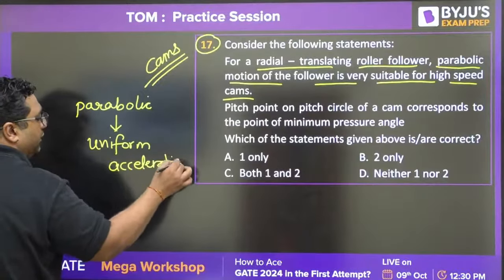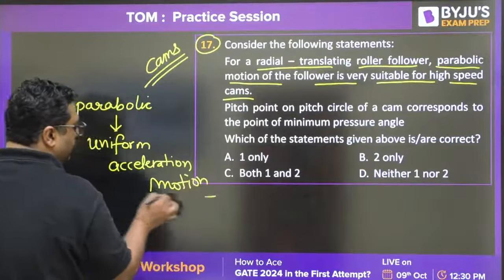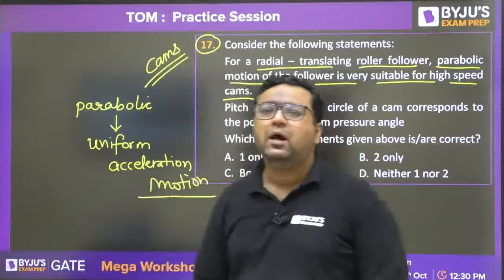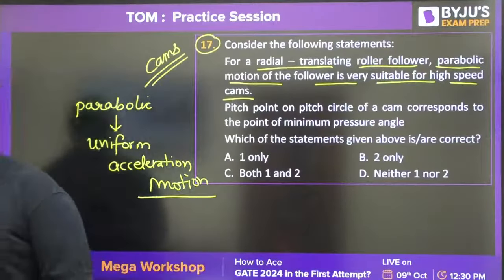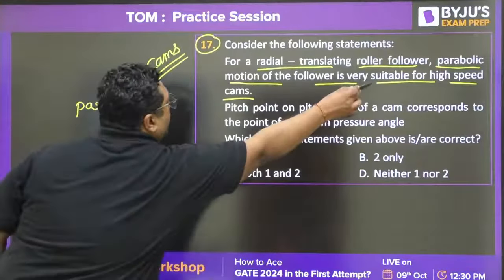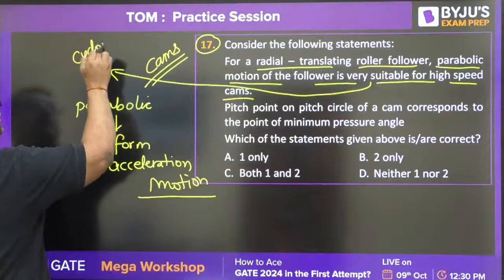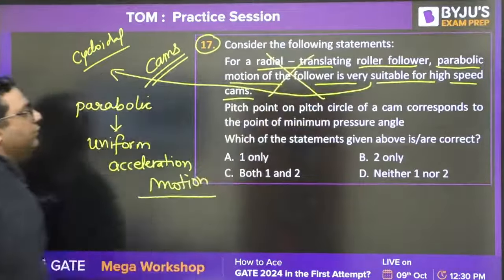You tell me which motion of the follower is used for high or very high speed applications? Yes, my dear, for high speed application we use cycloidal motion. So that is why the first statement is itself wrong.